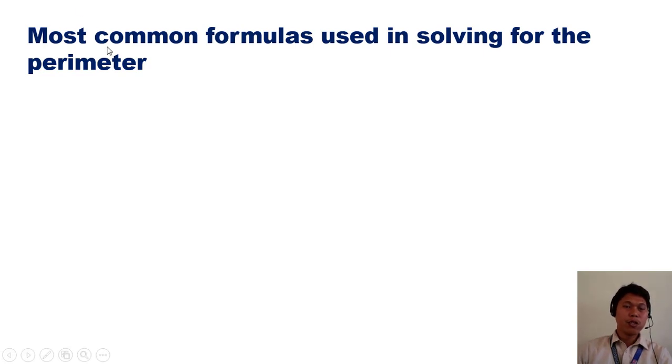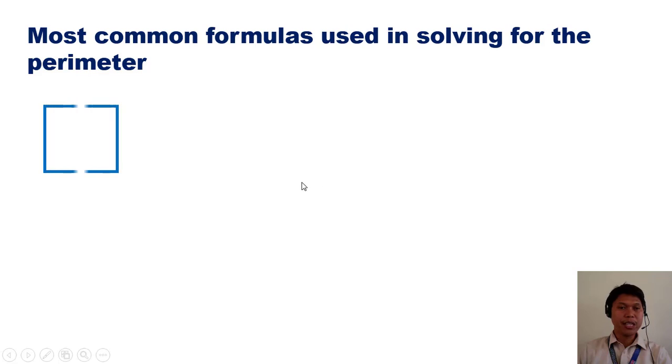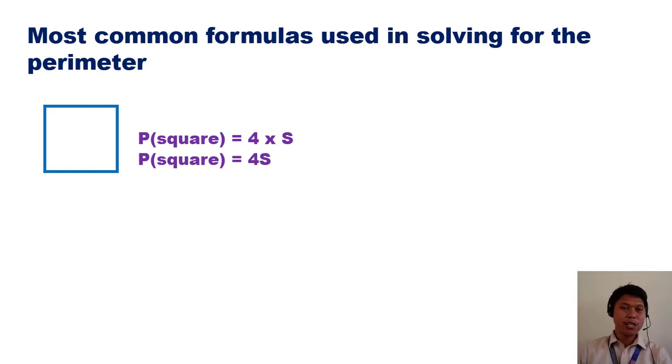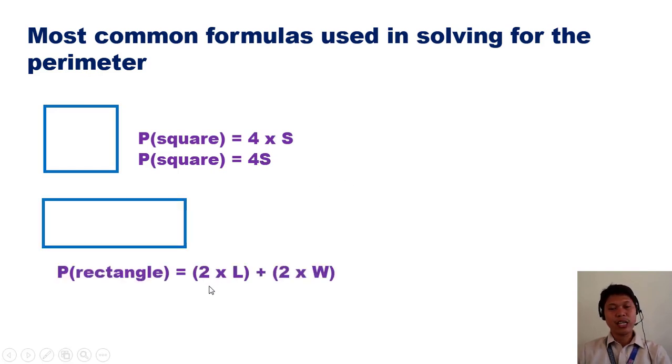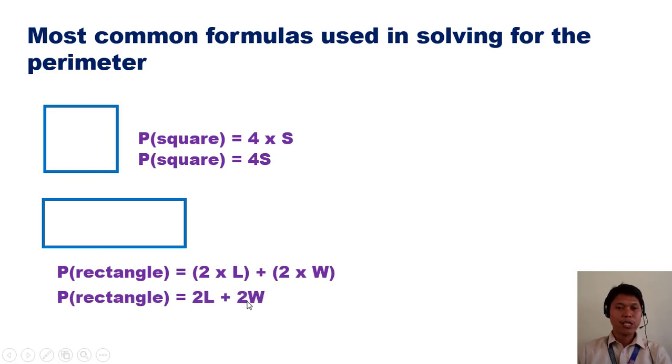What are the most common formulas used in solving for the perimeter? In solving for the perimeter of a square, we can use 4 times s, because s plus s plus s plus s is just the same as 4 times s, since all the sides are equal. Or simply write 4s. Next, if it is a rectangle, as we just discussed, it is 2l plus 2w, length and width.